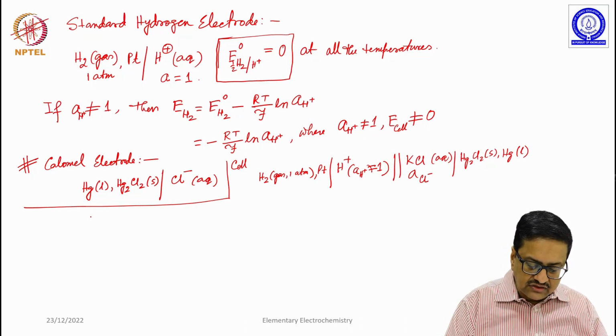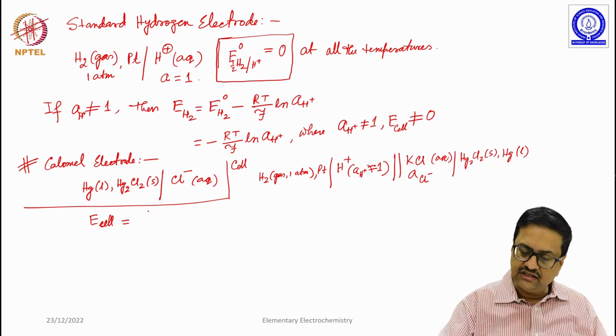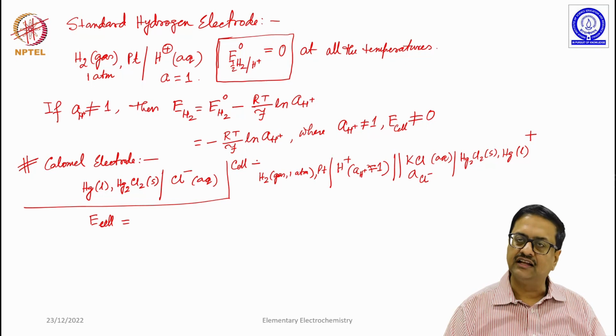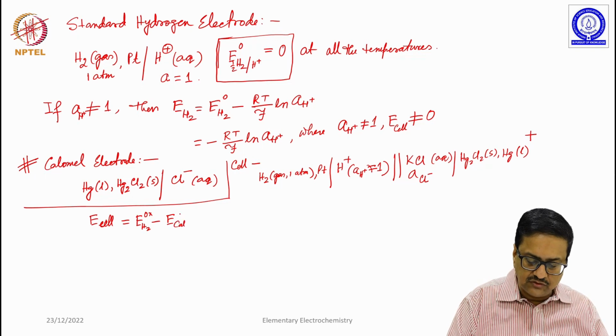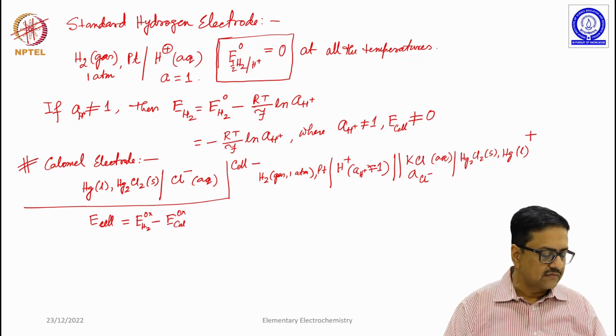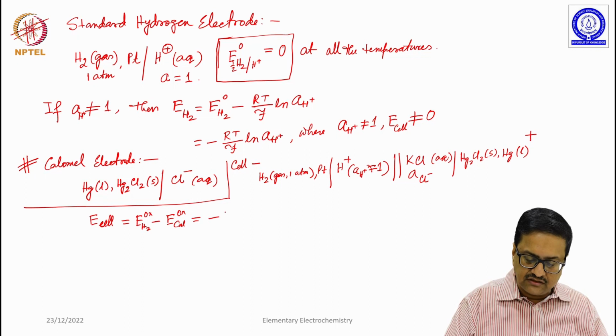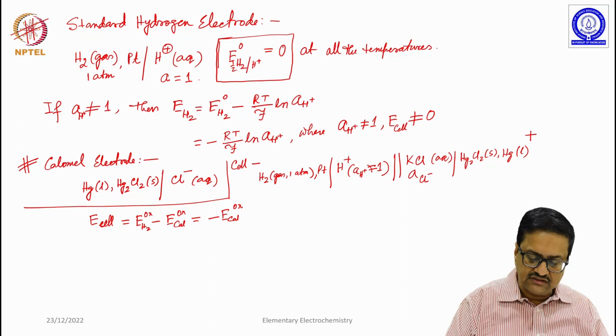So, then when you try to write down the value of E cell, you will simply write. In this particular case, this side is positive, this side is negative by convention as usual. So, when we write E cell, E H2 oxidation minus E calomel oxidation, and it is nothing but minus of E calomel oxidation.